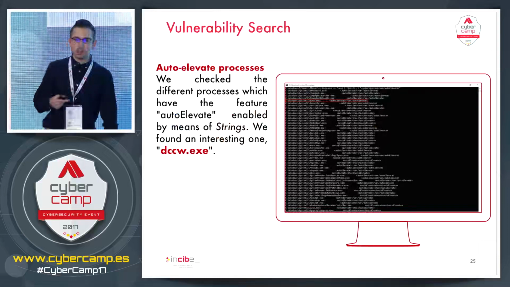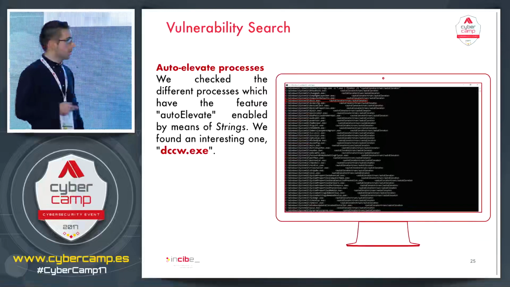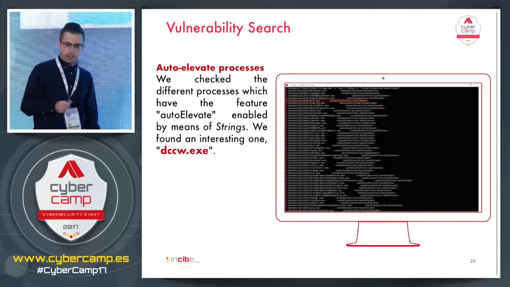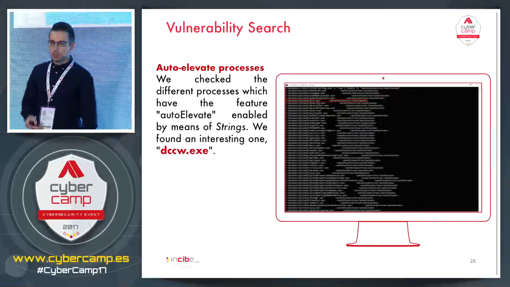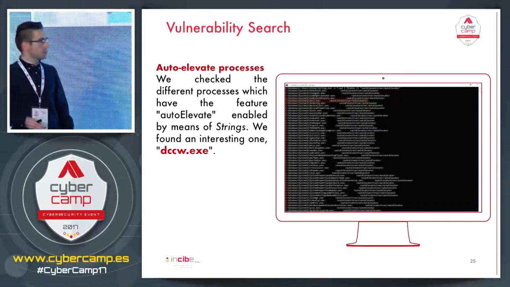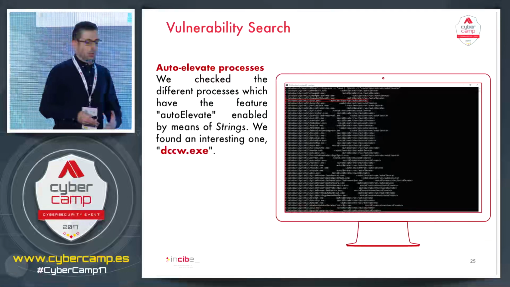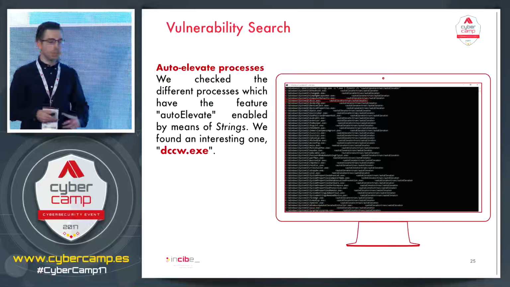The first thing I did was to verify the applications that had an auto-elevate characteristic, and I used the strings command for it. The result is quite a high number of applications, so I ruled out all the applications for which there was a known method for bypassing the user account control.